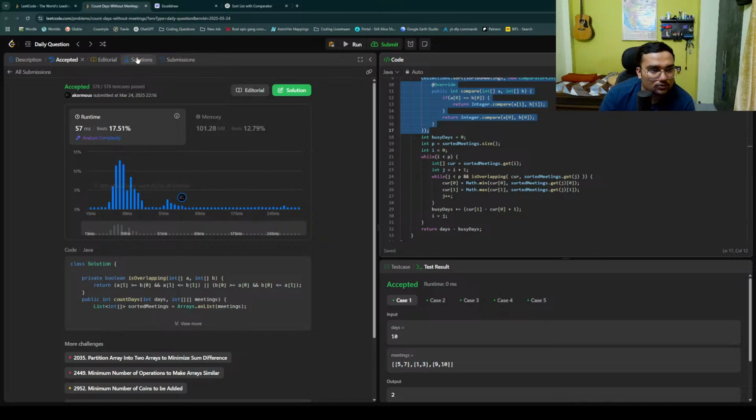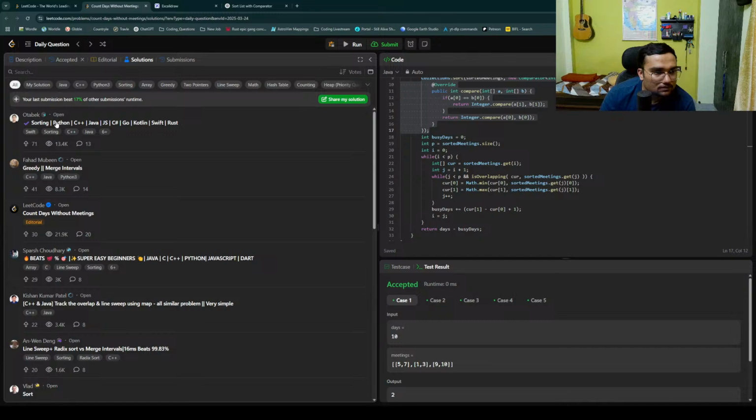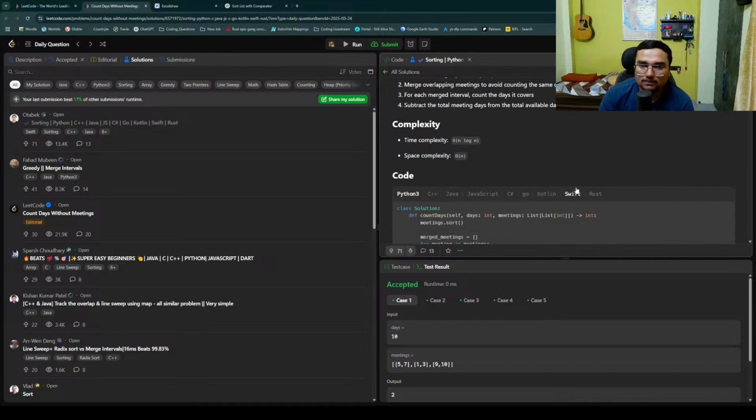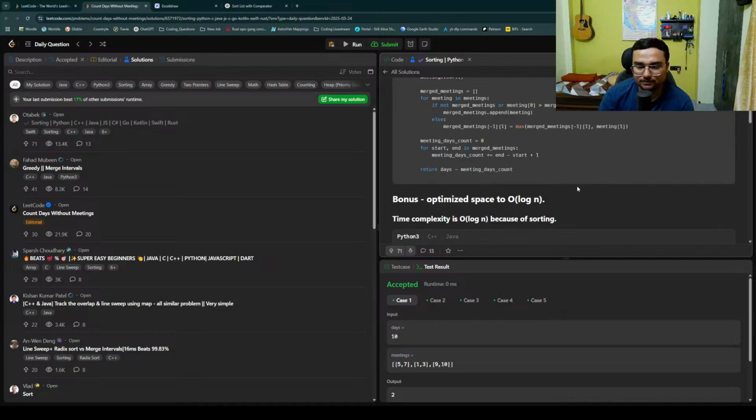What are the decent solutions? Let's take, instead of tracking available days directly, it's easier to track days that have meetings and subtract from the total. Sort meetings by start day to process them in chronological order. Merge overlapping meetings to avoid counting the same day multiple times for each merge. Okay, he's preparing the merged meetings beforehand and then just doing this thing.